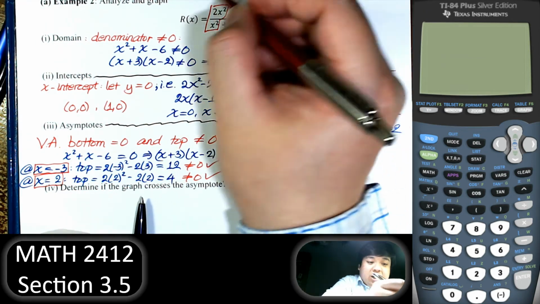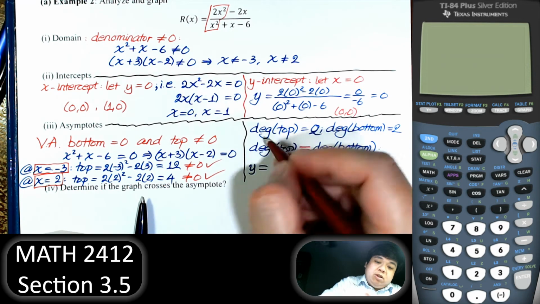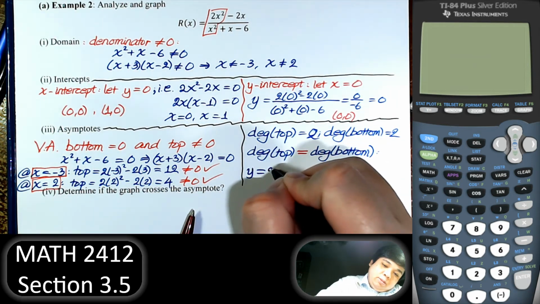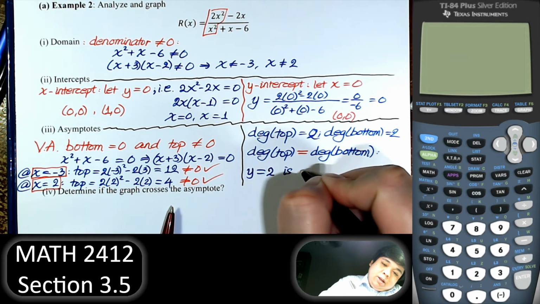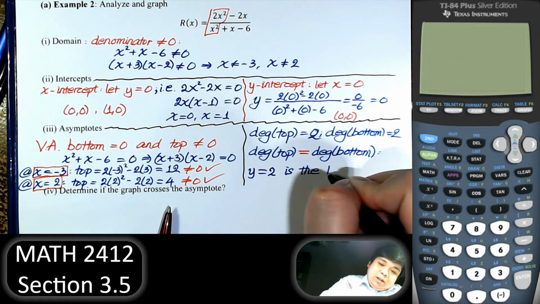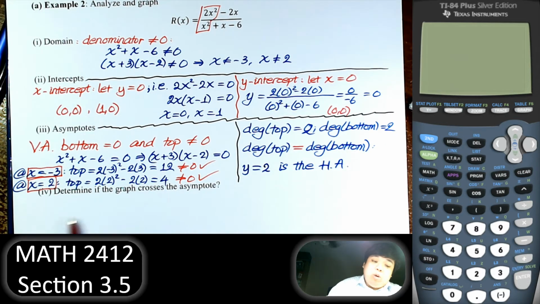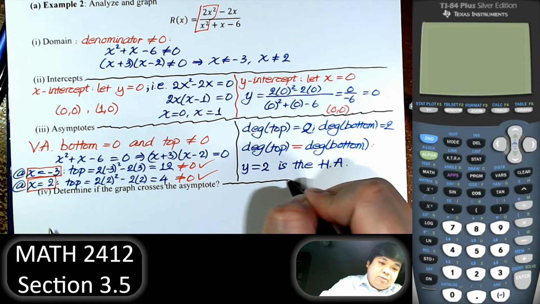If the degrees are equal, the x squared cancel out, and we have 2. So y equal to 2 is the horizontal asymptote. If there is a horizontal asymptote, there will be no slant asymptote.